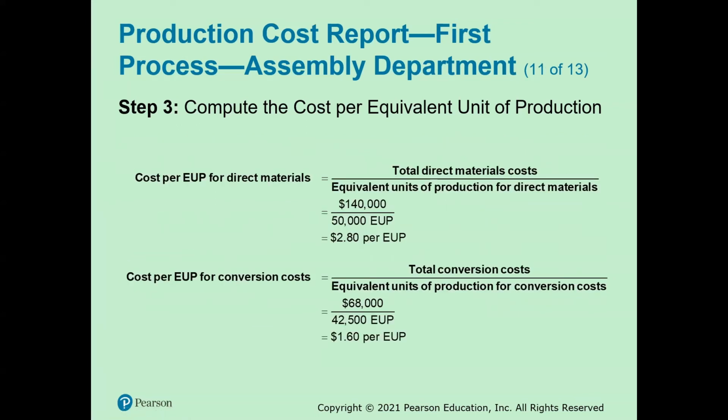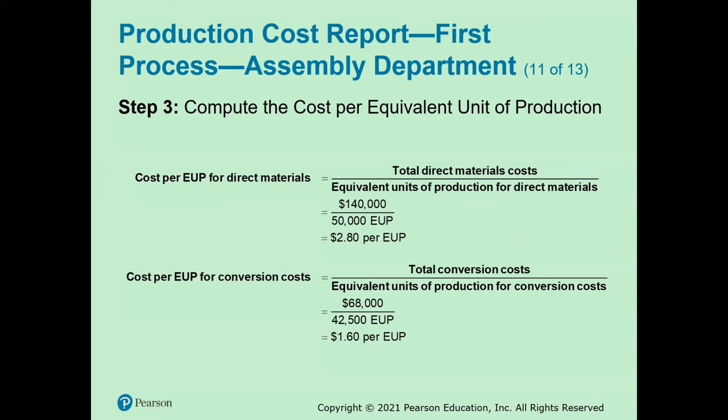So the assembly department has $208,000 of cost to account for. You have the $140,000 in direct materials costs and the $68,000 in conversion costs. In step 2, we computed equivalent unit of production for direct materials as 50,000 EUP and conversion costs as 42,500 EUP.